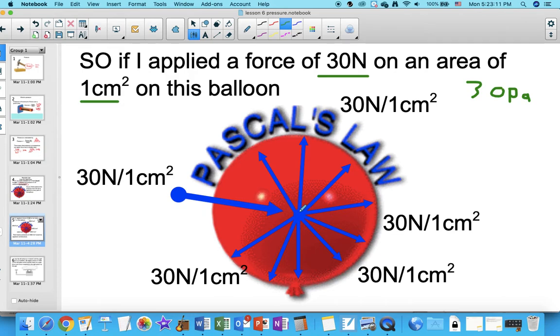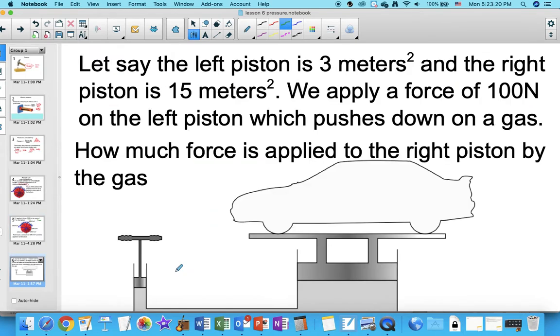It's not divvied up, it's not divided, it's felt the exact same throughout the balloon. So Pascal's law states that if you apply a pressure to a liquid or gas, that pressure is felt equally and undivided across all directions.